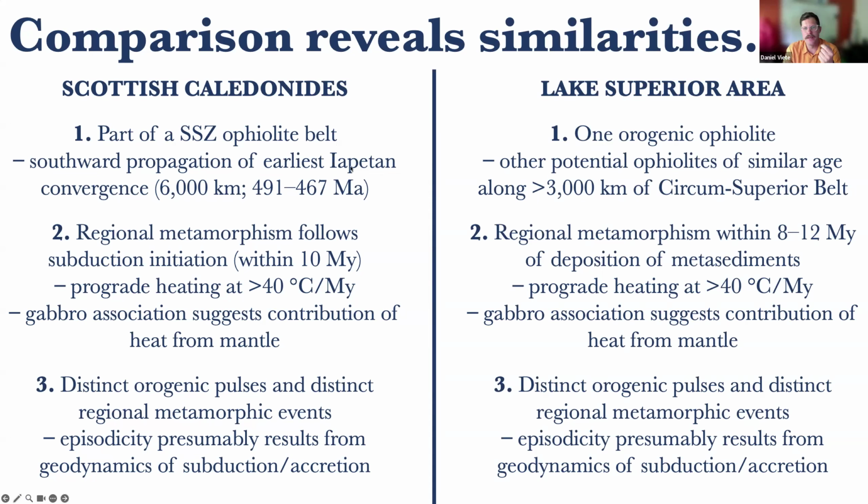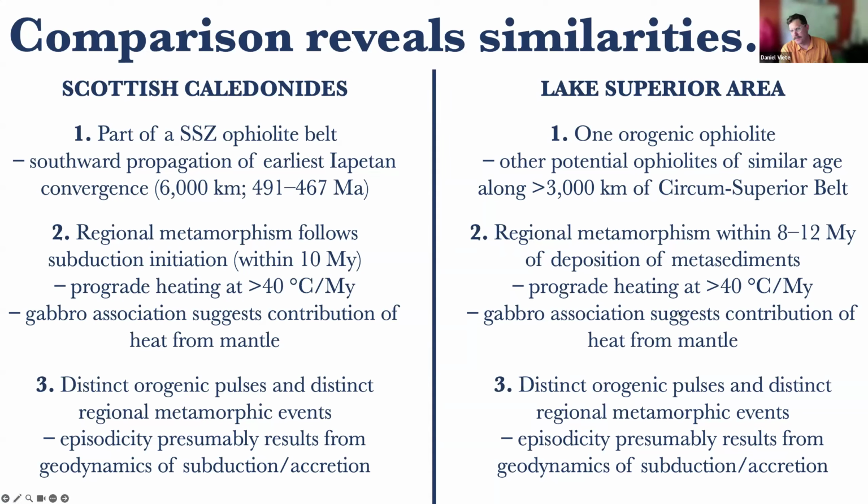And so this would be an equivalent observation to what we see in the Appalachian-Caledonian system. Regional metamorphism occurred within something like 8 to 12 million years of deposition of the metasediments that it affected, all the way up to sillimanite grade. And so again, this requires really rapid prograde heating.